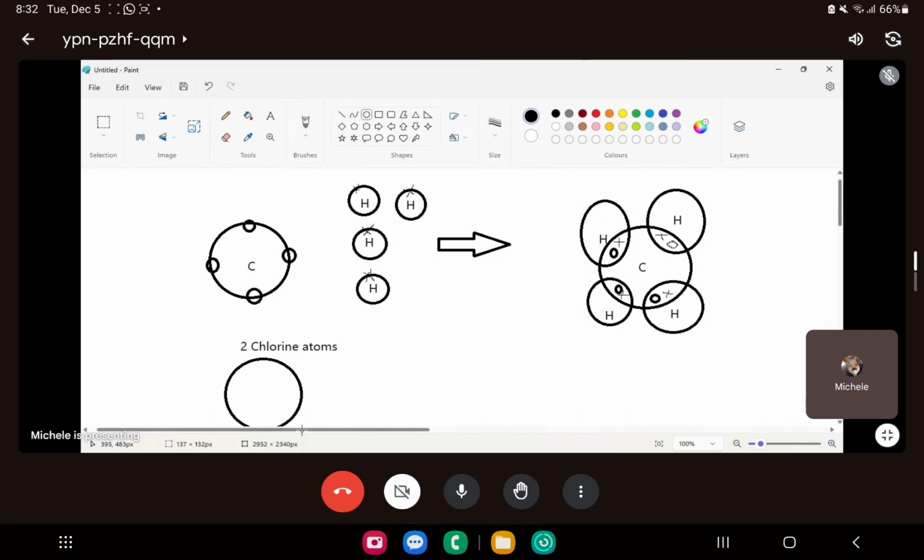Okay, so next one is going to be metallic and ionic, okay?